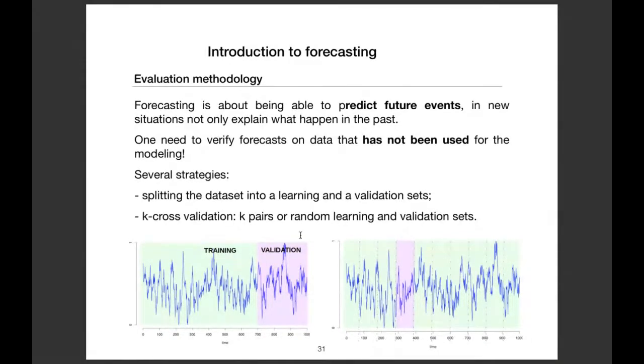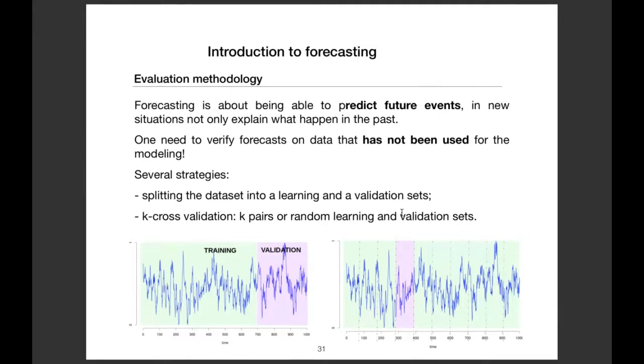There is also a second strategy that is named K-cross validation. You compute K pairs of random learning and validation sets. For instance, you can divide your data set into 10 parts, and you use randomly 9 parts for the learning part and 1 part for the validation set.